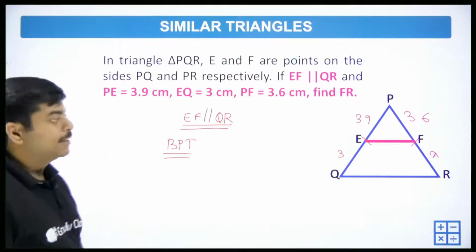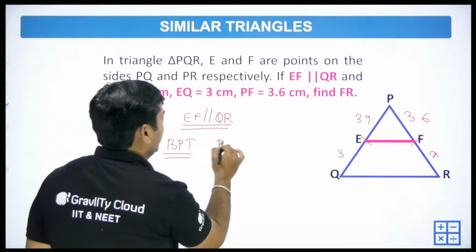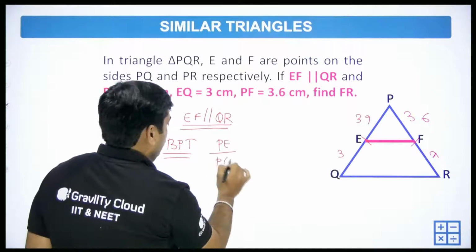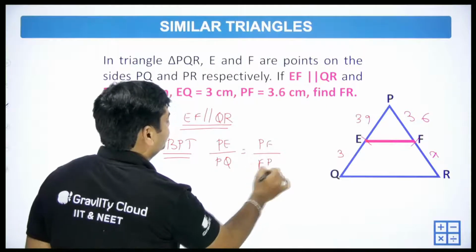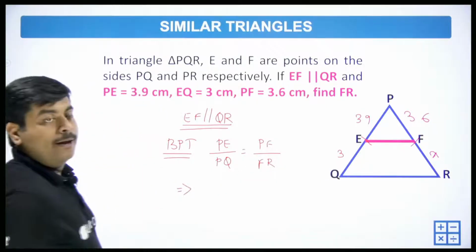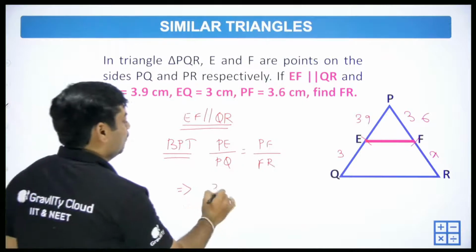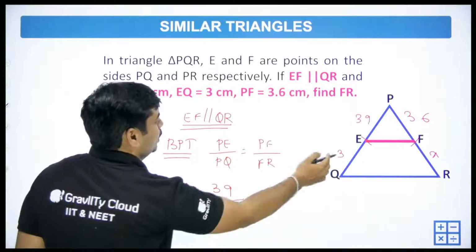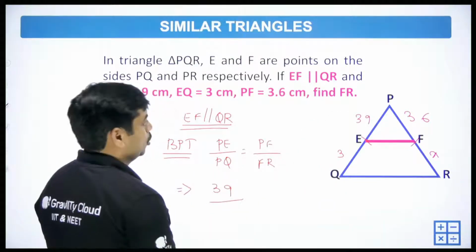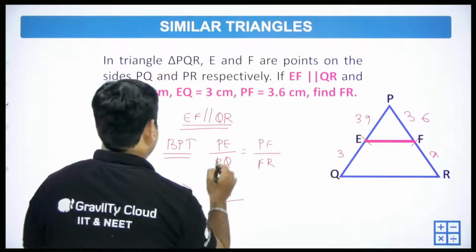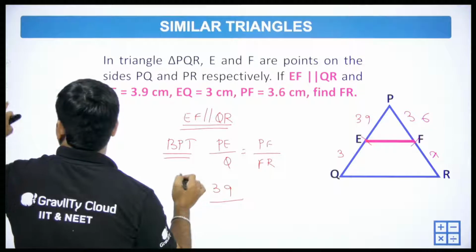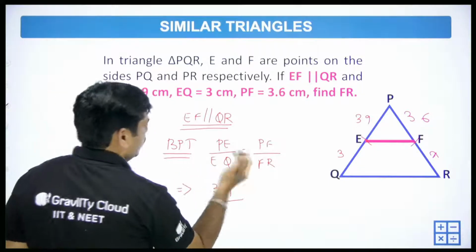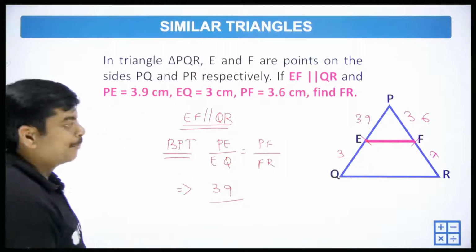So what is the basic proportionality theorem here? PE by EQ is equal to PF by FR. Let's keep it as EQ so that we will get FR directly.